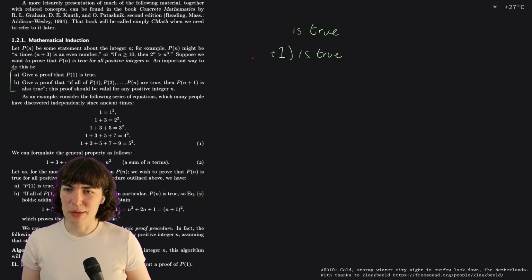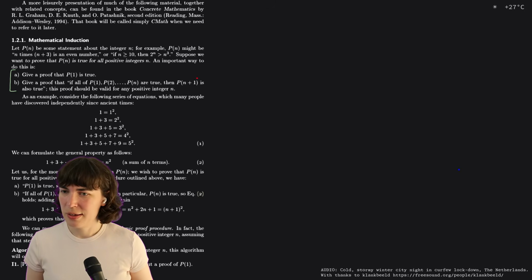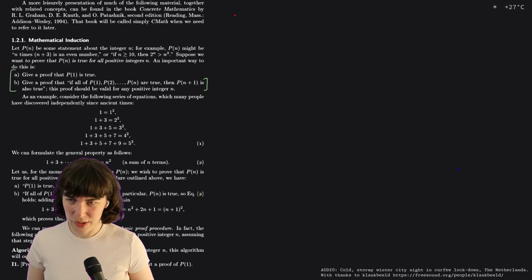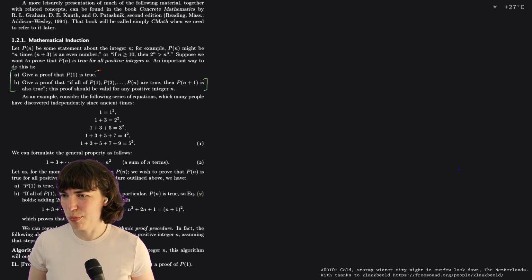Now, this statement here is actually far more dense than I initially clocked. So what is it saying? So we're giving a proof that P_1 is true, like the statement for the value of 1 is true. Okay, fine. Deal with that.